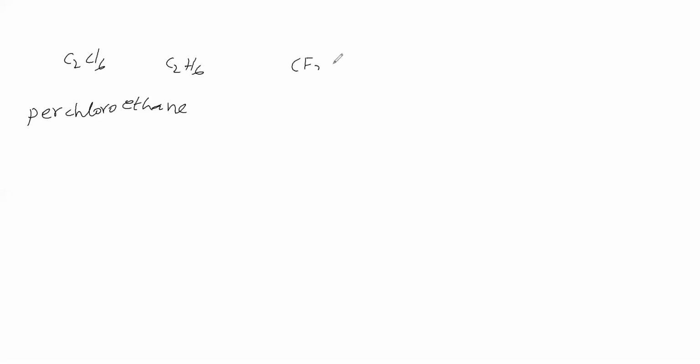Now CF3, CF2, CF3. If hydrogen atoms were there instead of fluorine, then it is propane. Instead of hydrogen, fluorine is there, therefore fluoro. All the hydrogen atoms of propane are replaced by fluorine, therefore we say perfluoropropane.